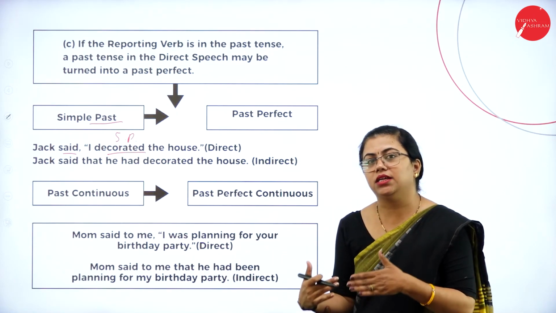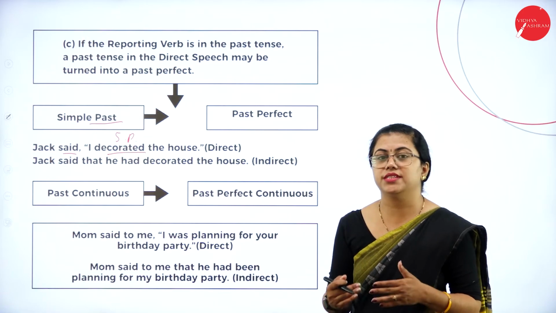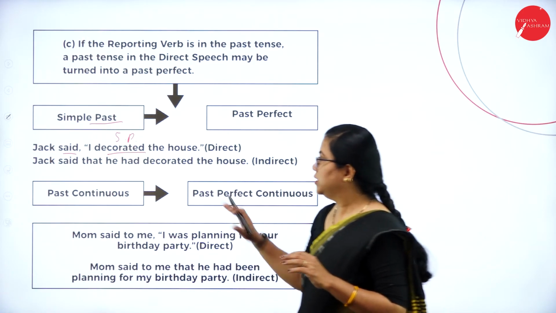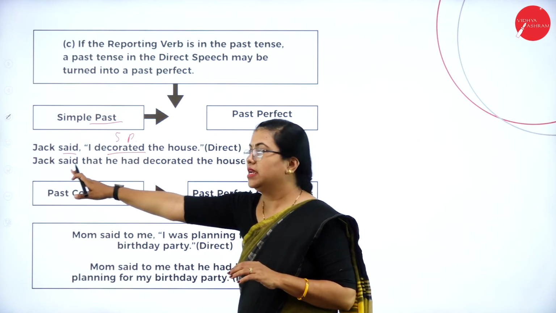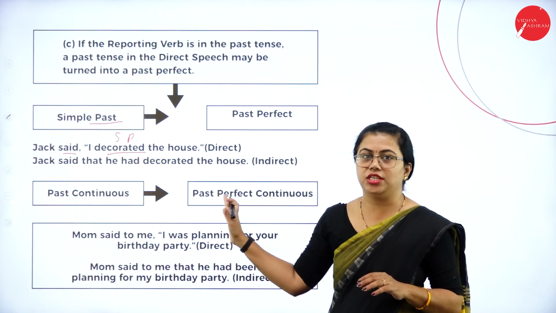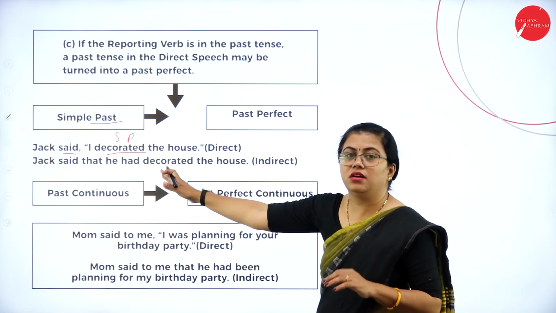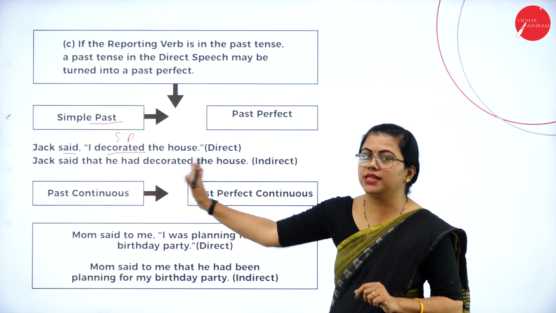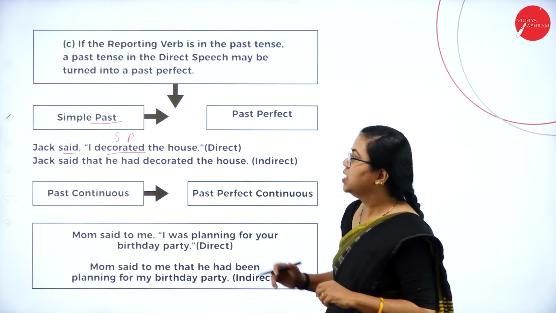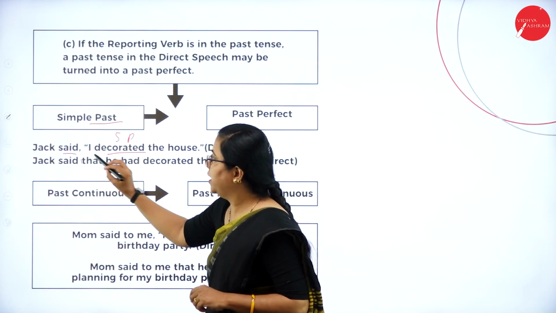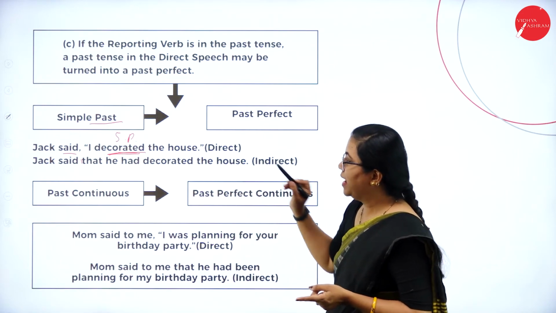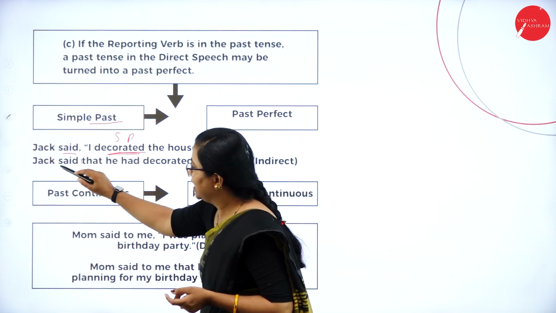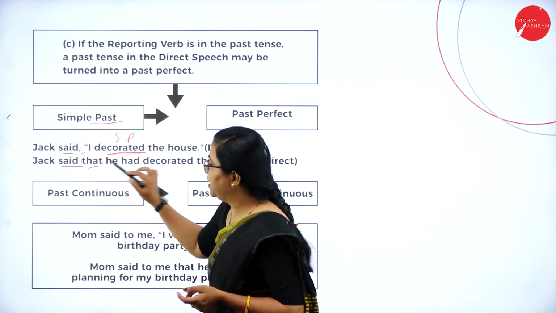Now, whatever is inside the inverted comma, we are checking if it is in past tense or not. Okay. So, these tenses change only depending on this. If reporting verb is past, then this also will have to change. Fine. So, now we are checking the ones which are in past tense inside the inverted comma. Okay. So, here it is in past tense already. So, here you can see this is also in simple past, that will change to past perfect. I mean to say Jack said past tense, comma replaced by that.